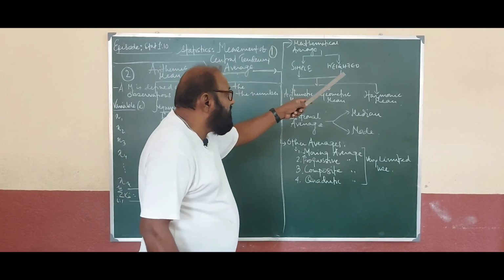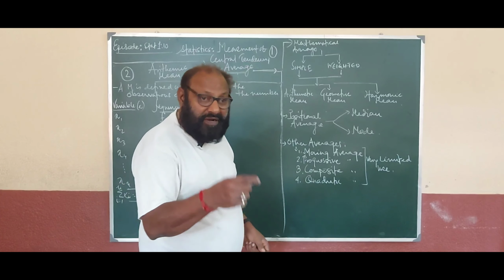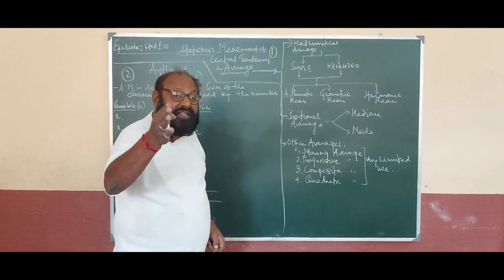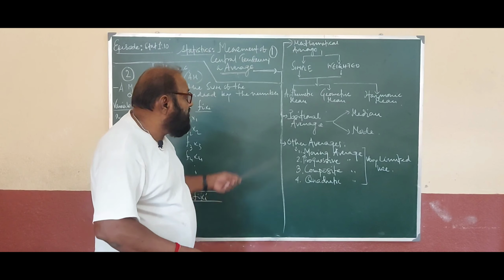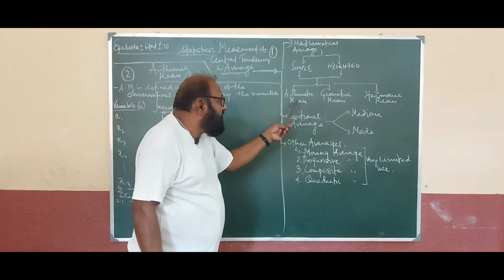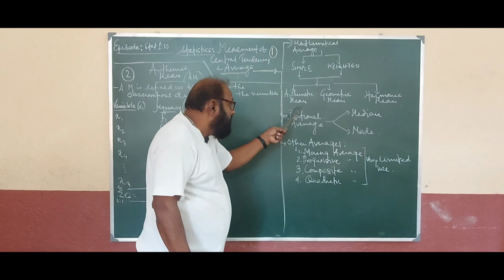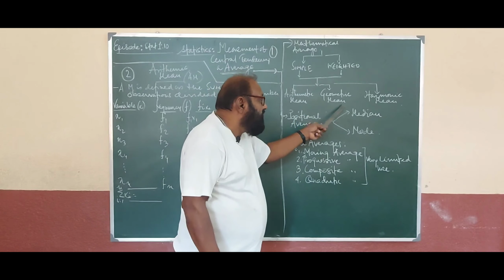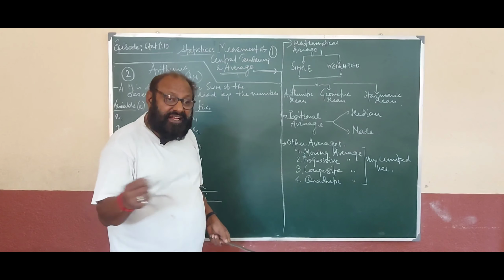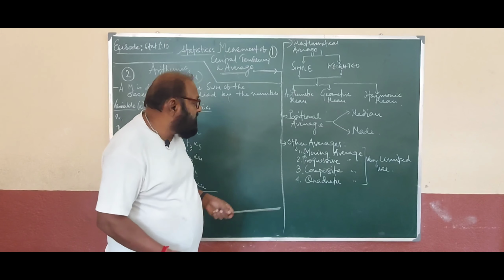This will be taken up systematically while we analyze and solve the different problems. Now this simple average or weighted average has three types: arithmetic mean, geometric mean, and harmonic mean. All will be dealt with clearly in the following classes.